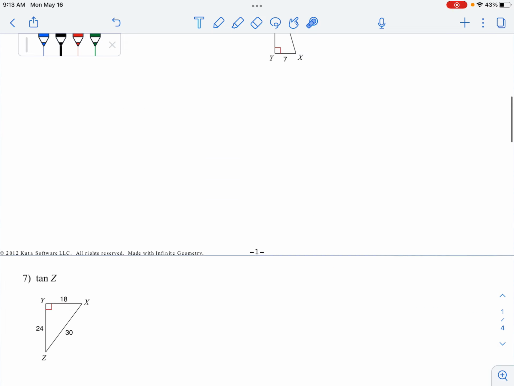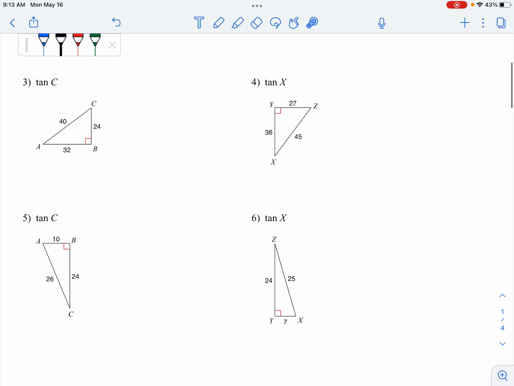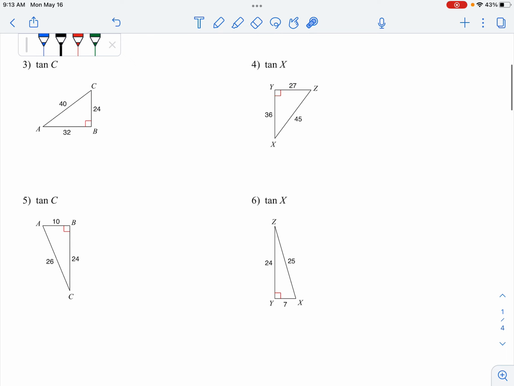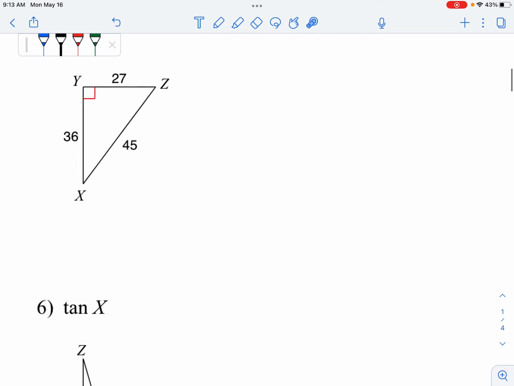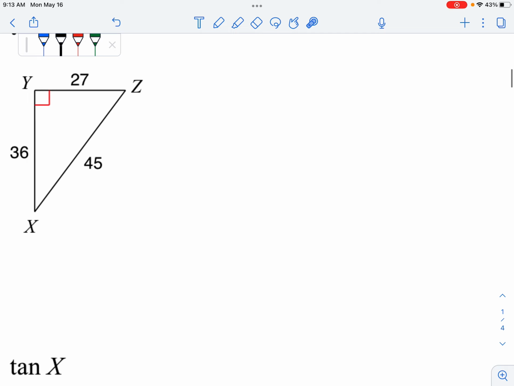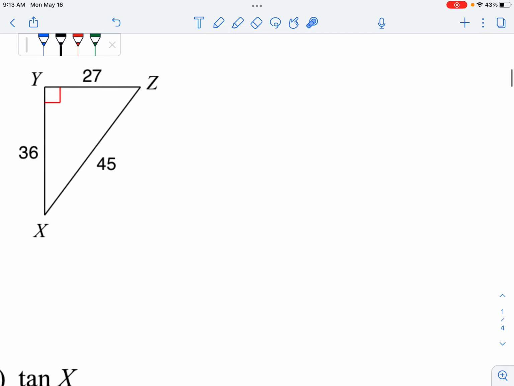The other thing we can do with tangent, with the inverse of the tangent function, is use that to actually find angles. We'll look at this right triangle here, and we could do this for any of these angles that we wanted. First of all, we'll do angle x. We want to find the measure of angle x.